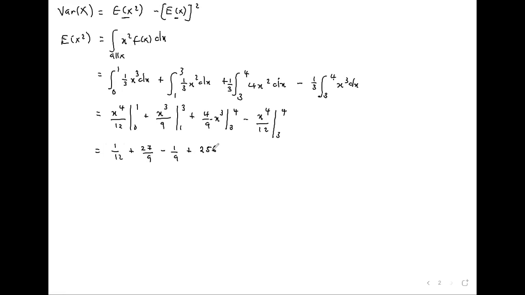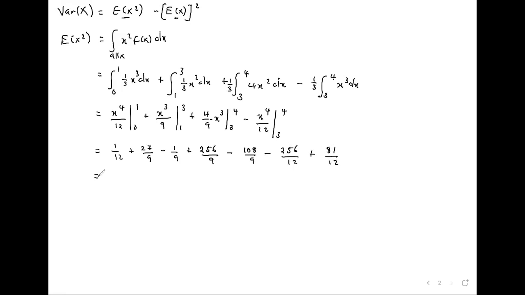So 256 over 9 minus, if you take 3, it becomes 27 by 4, 108 over 9, minus 4 to the power 4, that's 256 over 12, plus 3 to the power 4, that's 81 over 12.